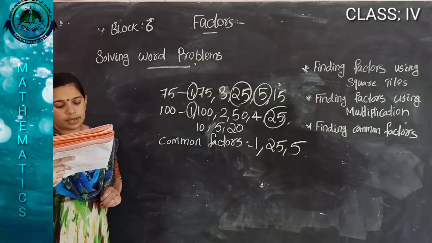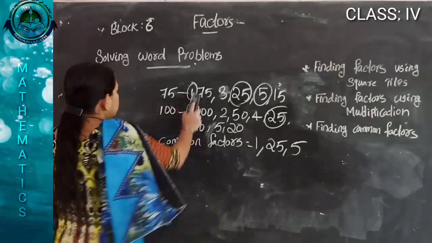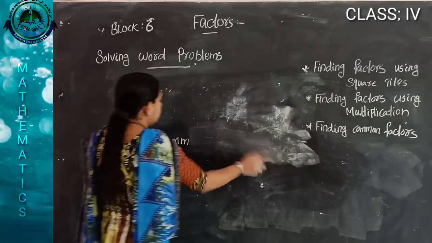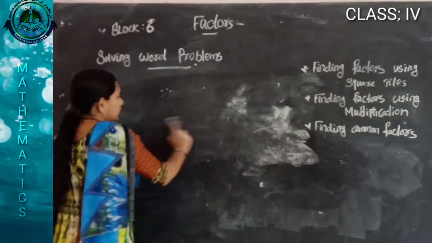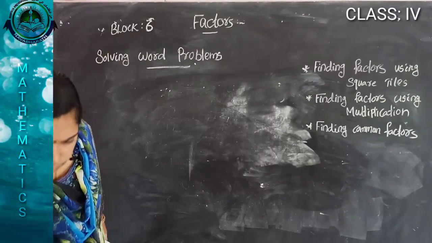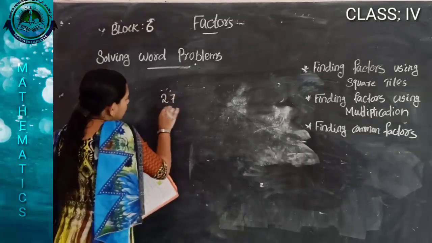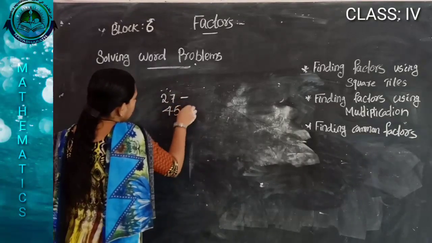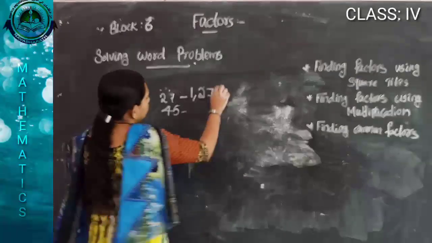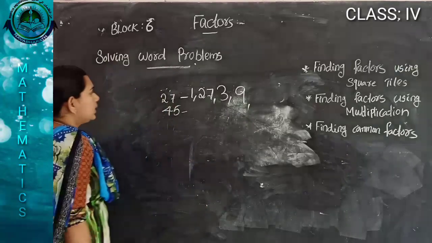Write all the factors of 27 and 45. 1 into 27, 3 into 9. Any other possibilities?